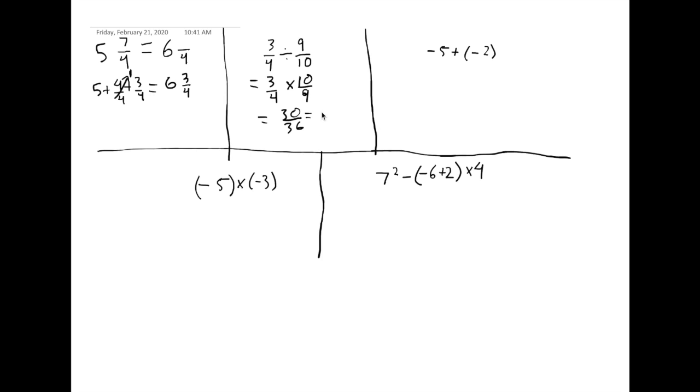And you can break this down, simplify it even further. So if you divide that by 2, you get 15 over 18. And you can already tell that you can break this down even further. So if you divide these both by 3 now, it would be equal to 5 over 6.